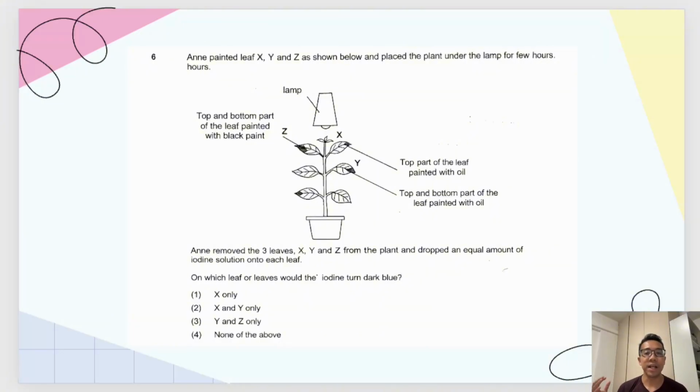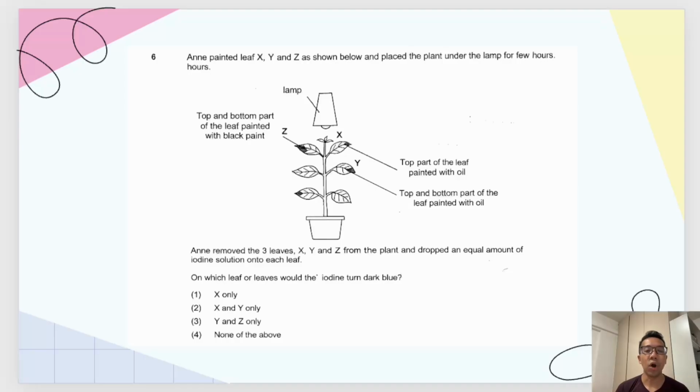Last but not least, let's take a look at leaf Y. The top and bottom part of the leaf is painted with oil, while the top part of leaf Y is able to take in light energy. The bottom part of leaf Y is unable to take in carbon dioxide via the stomata because the oil interferes with the gas exchange.